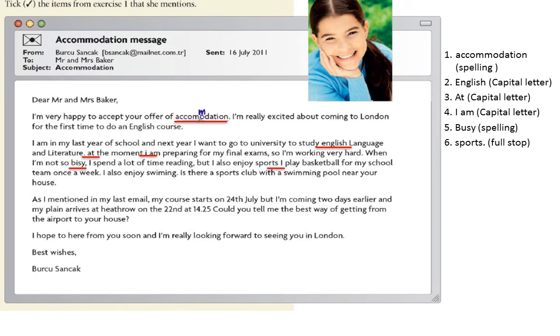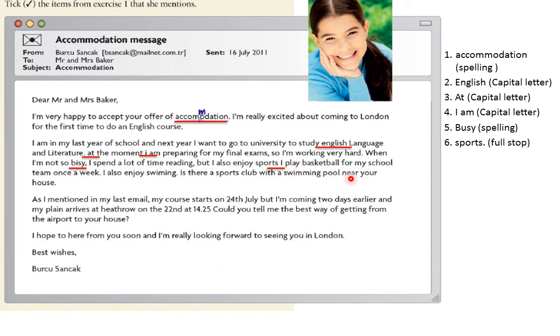I spend a lot of time reading, but I always enjoy sports. This is the end of a sentence, and should we write full stops here? So after sports we should write a full stop.